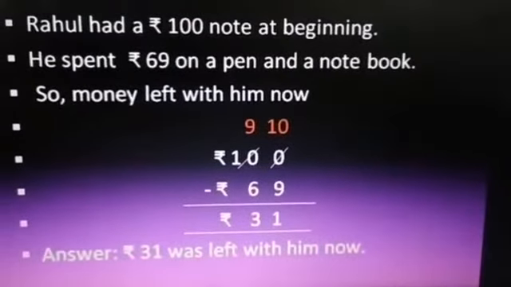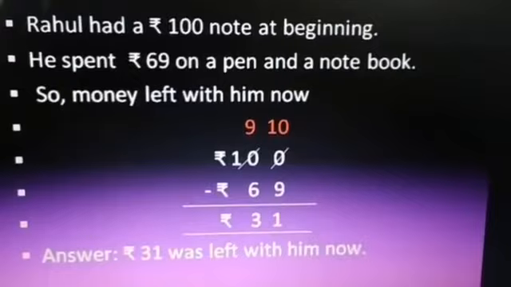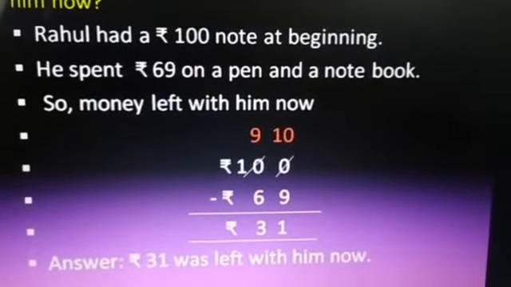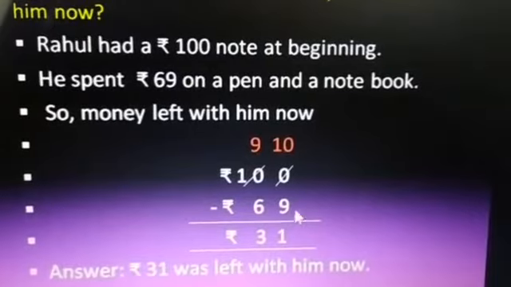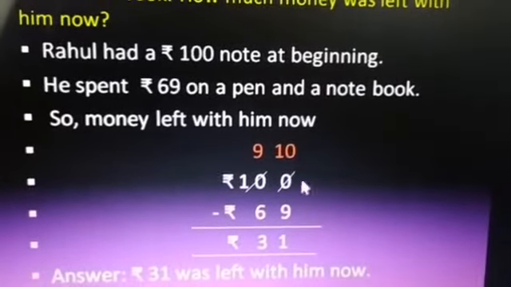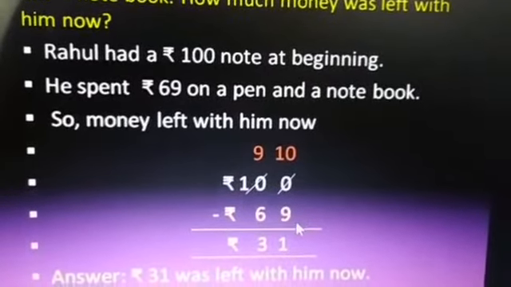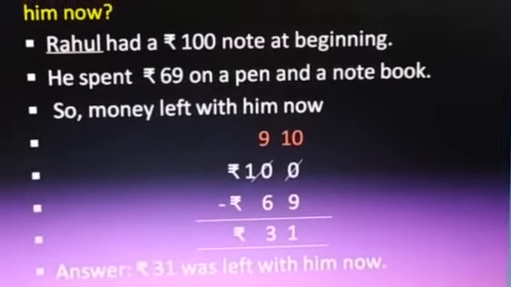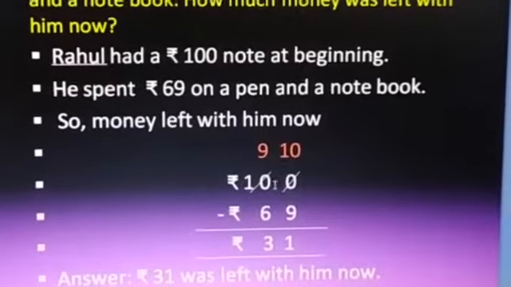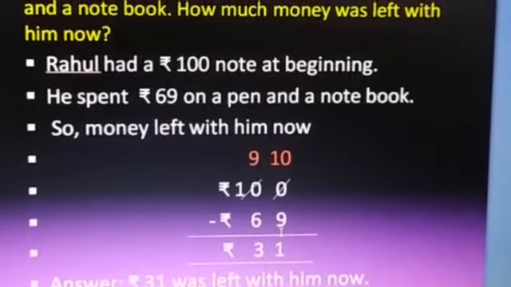So let's do this subtraction carefully. 100 rupees at the beginning Rahul had and 69 rupees he spent. So if you do subtraction, so you can see 100 minus 69.